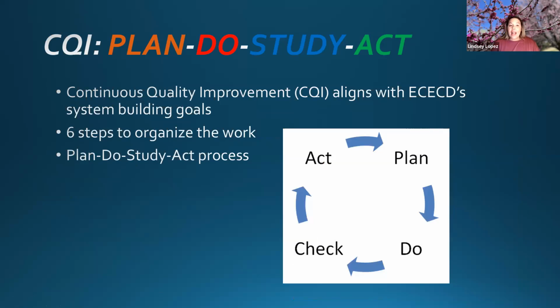These steps align with the Plan, Do, Study, Act model. This allows us to have a continuous quality improvement model that aligns with ECECD's system building goals. And there's 6 steps to organize the work within the Plan, Do, Study, Act model and process. So we're continuously planning, continuously acting, checking in and doing, and really revising that process.